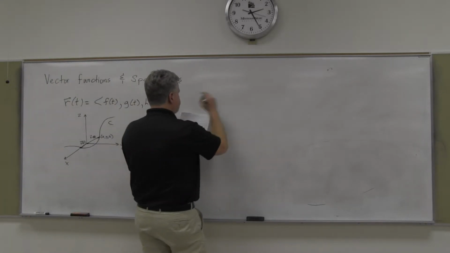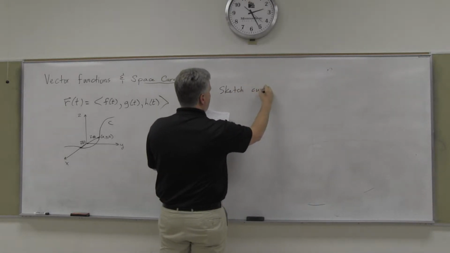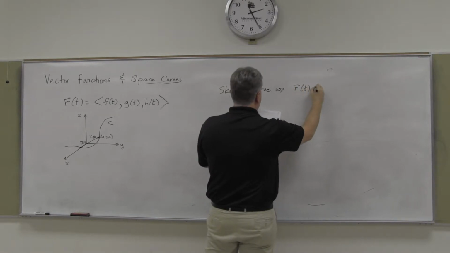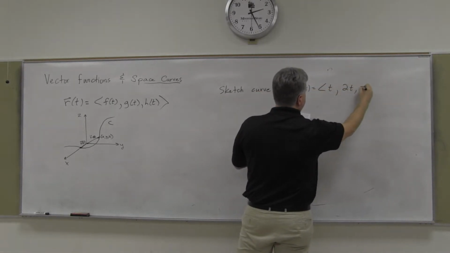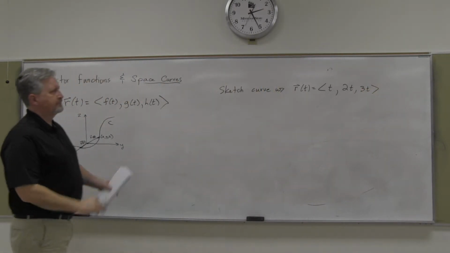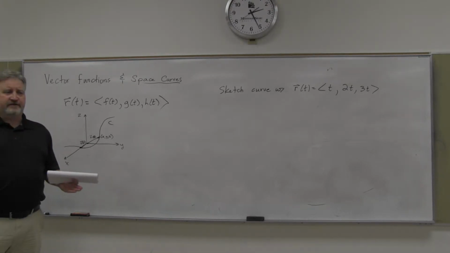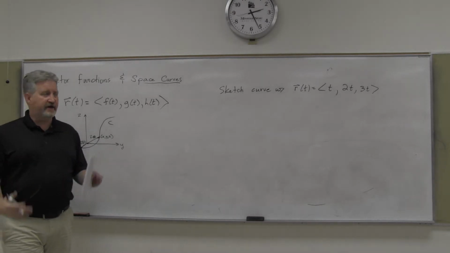All right, so let's sketch the curve with vector function R of t equals t, 2t, 3t. This is a vector function, so it's a series of vectors, but this is one just to sketch the curve that comes out of that.